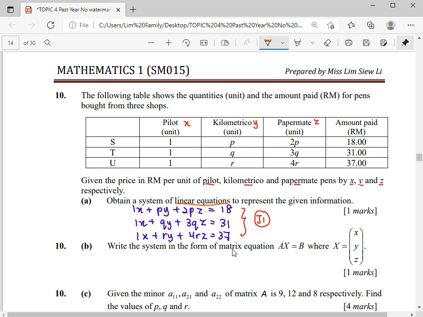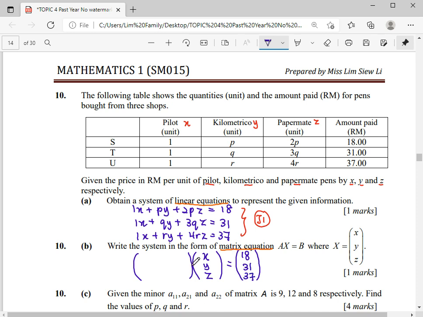Just now was the linear equation; now you're going to write in matrix form. It must have brackets: one matrix times the matrix of unknowns equals the answer. Our matrix of unknowns is X, Y, Z, because we don't know the price of each pen for Pilot, Kilometrico, and Papermate. Our answer is 18, 31, 37.